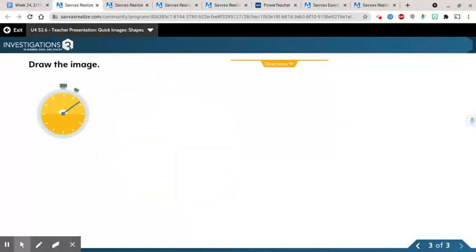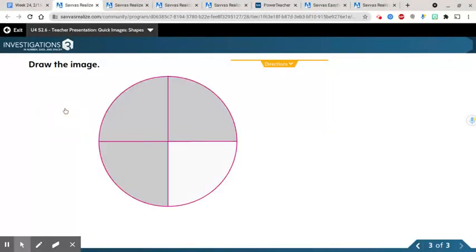All right, and let's take a look. How would you describe it? Use words to describe this shape. Okay, we have a circle, and there are 4 equal parts, and 3 of those parts are colored in. Awesome job.